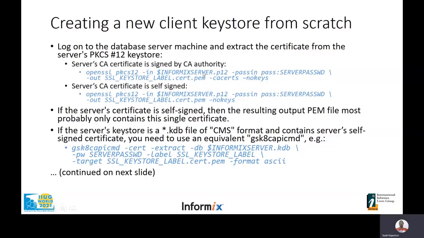What it will extract into that file is all certificate authority certificates and no keys. The -nokeys option means it is not going to extract the private key from the server certificate. It's only going to extract those certificate authority certificates.